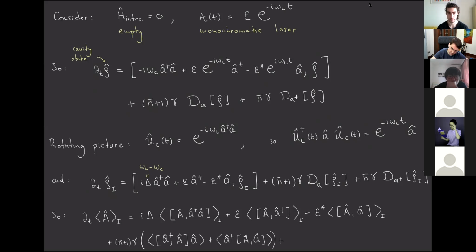The second dissipative term has a dagger as jump operator, so it will be kind of the opposite: the commutator of A with a times a dagger, plus a times the commutator of A with a dagger. Okay? It's so difficult.